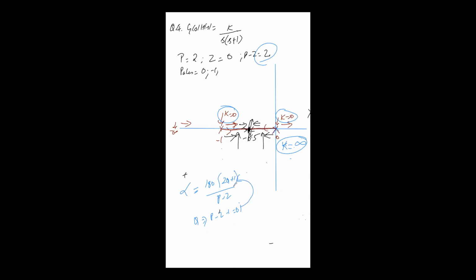If you put q equal to 0, we will get plus 90 degree, and if you put q equal to 1, you will get plus 270 degree. So you will get these two values.